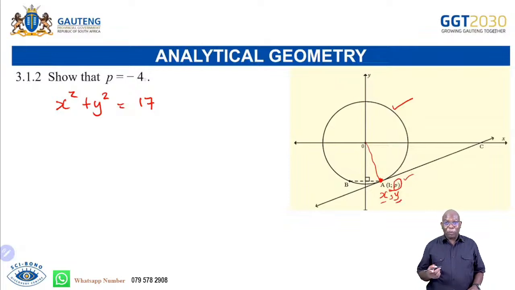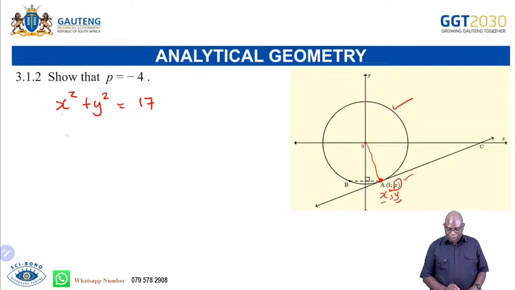And that's why we have a problem: we use the information that we need to get, and then it's not correct. You can come here and substitute this one by 1, and this one by -4, and you're going to get 17, obviously, because that answer is given. But we want you to show how you get to p equals -4. That's exactly what we need.